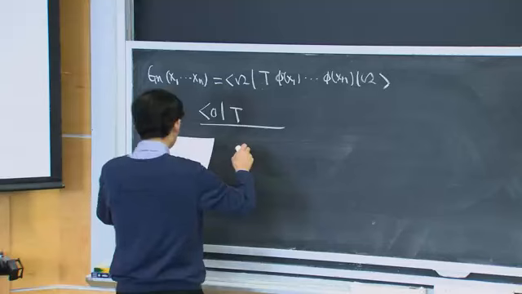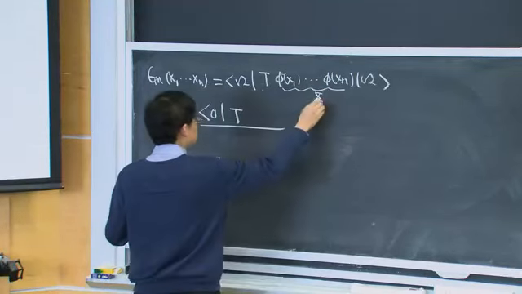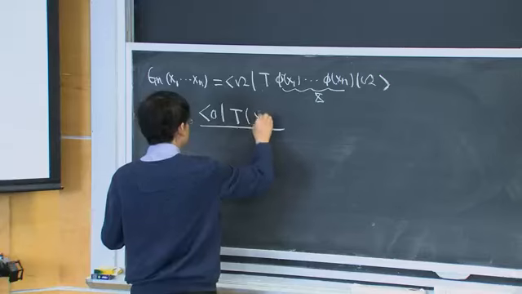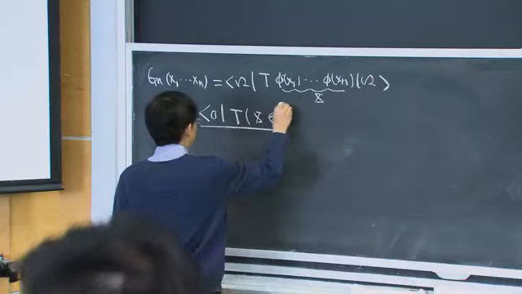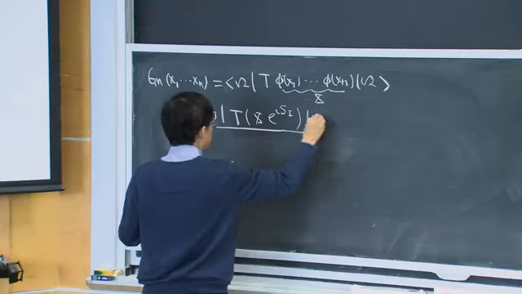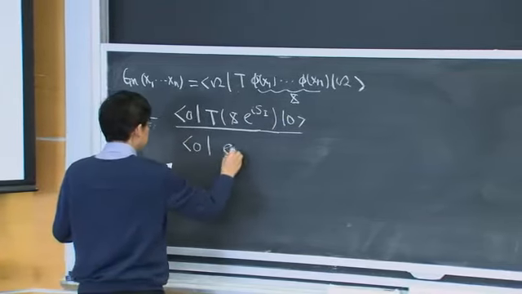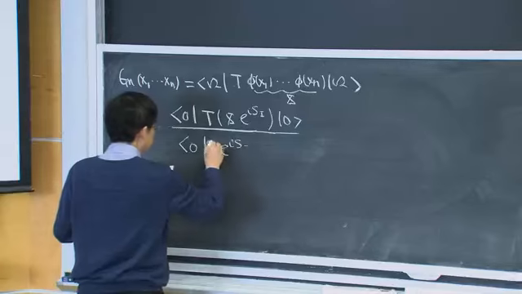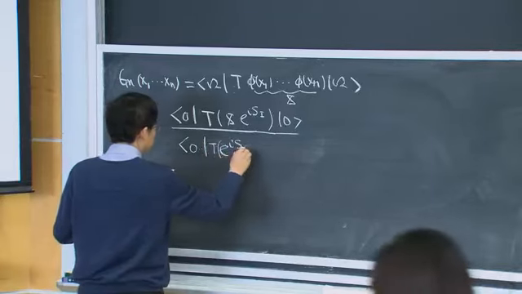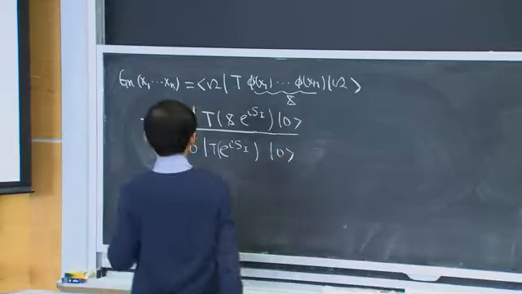Look at this T, then take this product of φ(x), take the T exponential of iS in the free theory, and then divide it just by the time-ordered exponential of iS in the free theory. Okay.